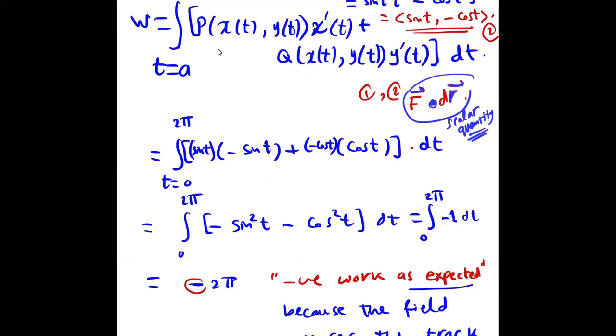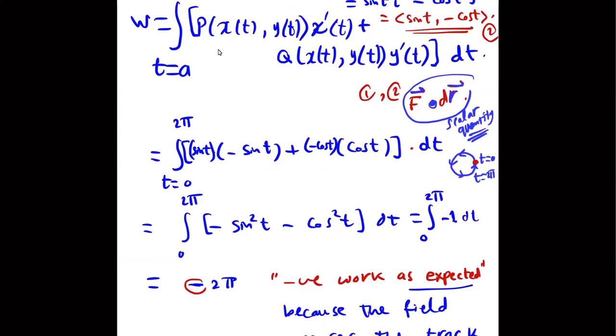So we get this value, and here we have the interval of parameter values from the initial point to the final point, t from 0 to 2 pi, to move it around the circle, a full revolution, until we get back to the same point. So it's a closed curve.